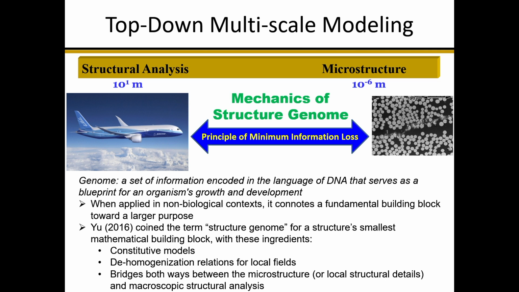There is now a new development that has come out of Purdue University from Professor Wenbin Yu, who has developed something that he has dubbed the mechanics of structure genome approach.